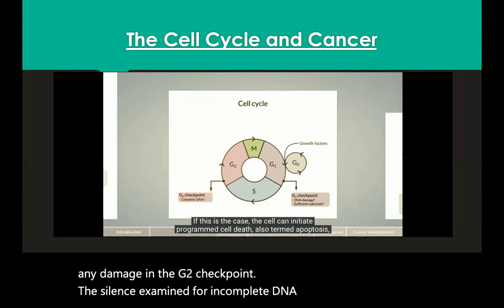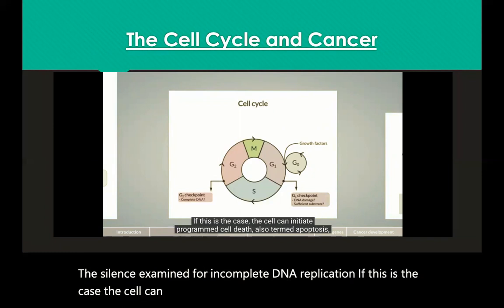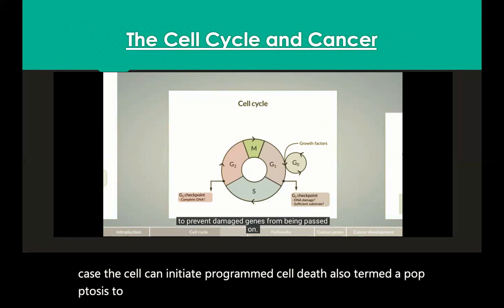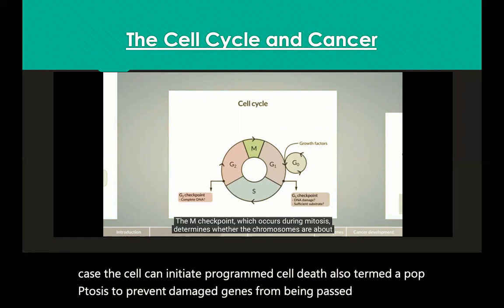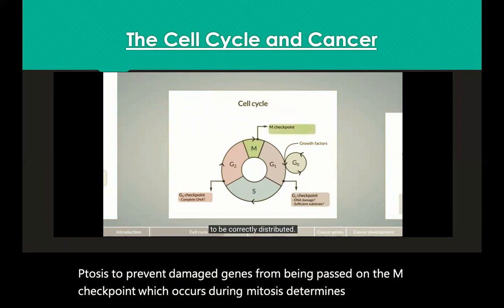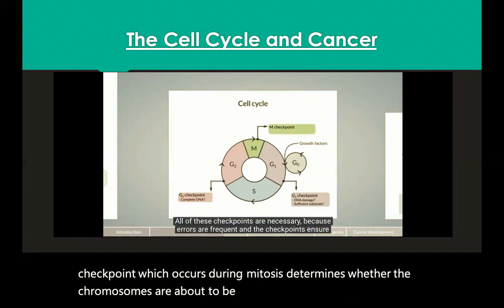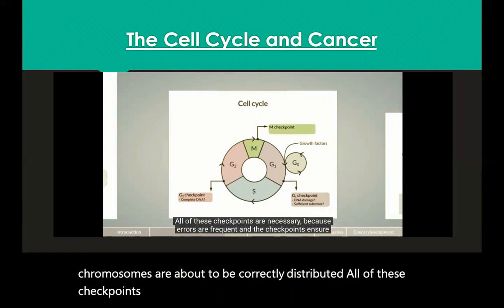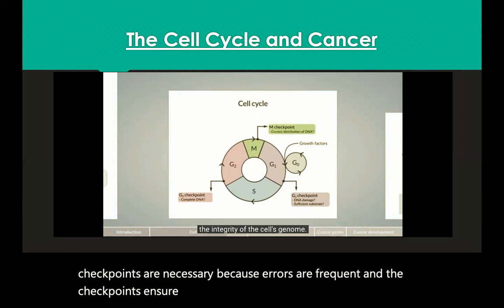If this is the case, the cell can initiate programmed cell death, also termed apoptosis, to prevent damaged genes from being passed on. The M checkpoint, which occurs during mitosis, determines whether the chromosomes are about to be correctly distributed. All of these checkpoints are necessary because errors are frequent and the checkpoints ensure the integrity of the cell's genome.